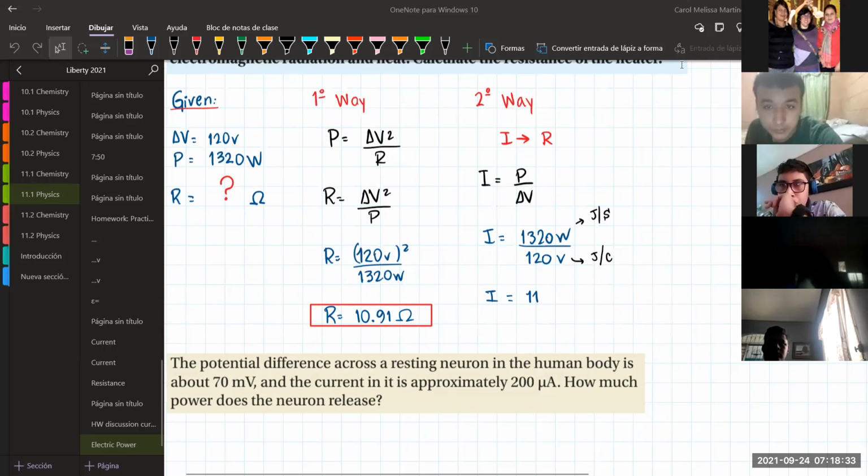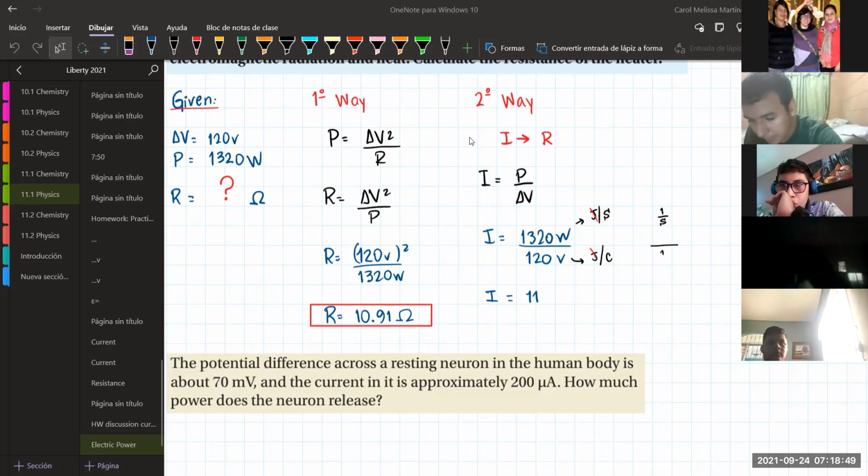We measure current in amperes, and it has an equivalence. When you divide these two, joules and joules will cancel, so you will have 1 over second divided by 1 over Coulomb.